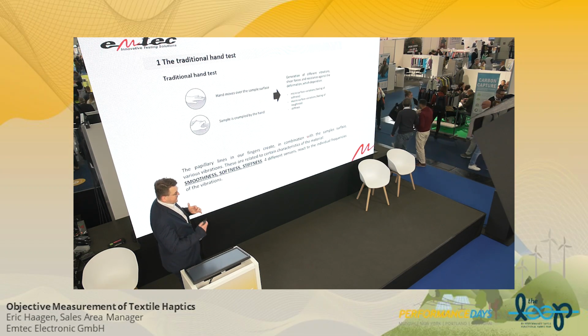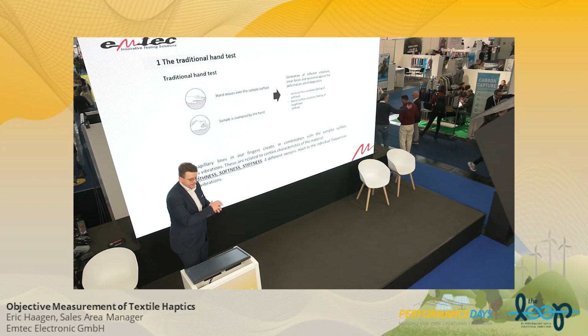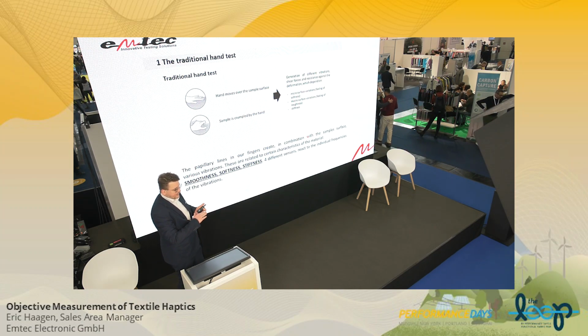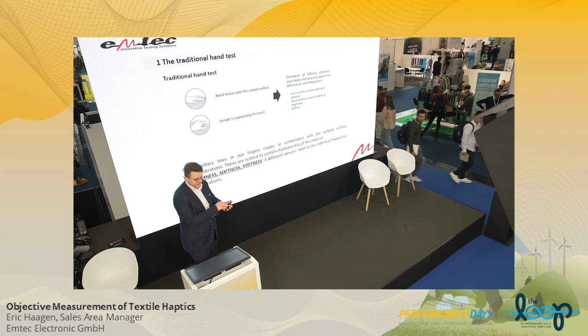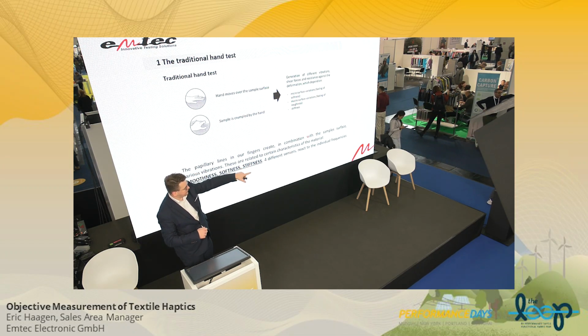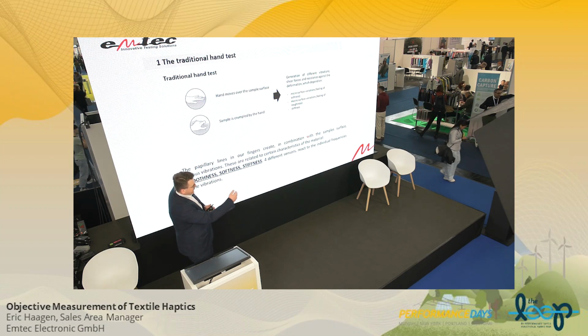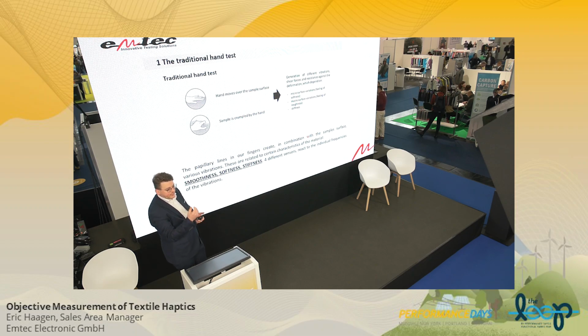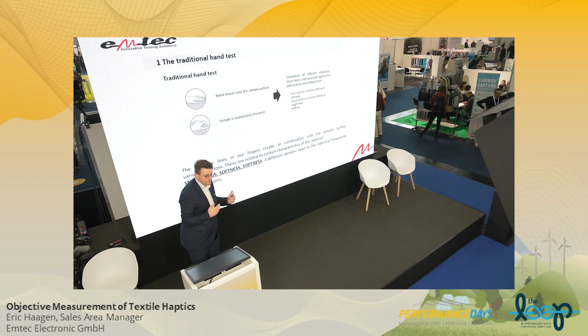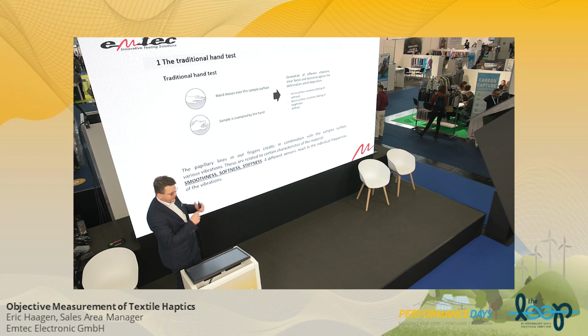If the human hand is touching a surface, this can be done in certain ways. For example, the textile can lay flat down, or, as I walk over this exhibition, I see a lot of people touching the hanging fabrics. You can touch it from one side, or from both sides. This is up to the application.